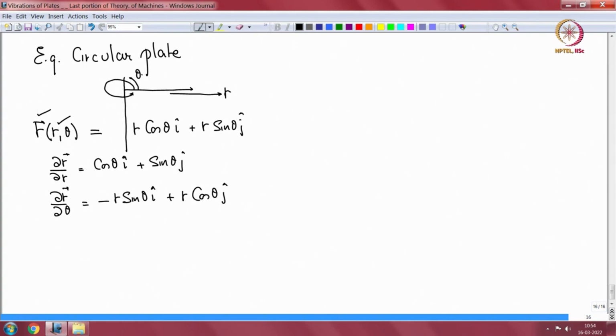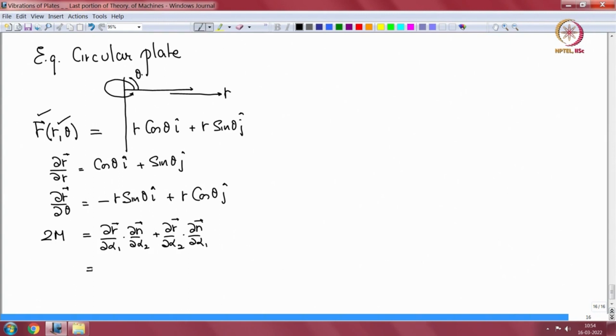Now if we look at twice of M, which is del r by del alpha 1 dotted with del n by del alpha 2 plus del r by del alpha 2 dotted with del n by del alpha 1.